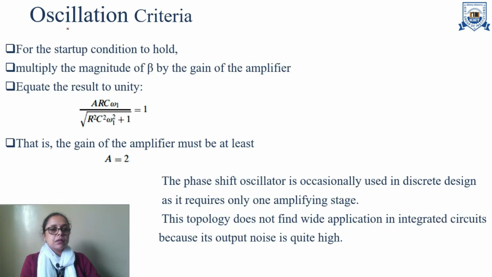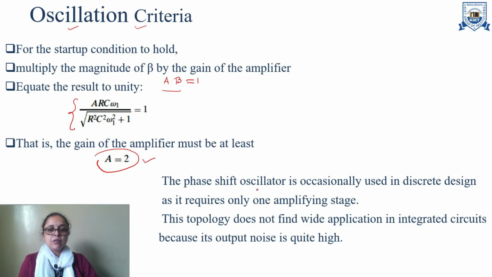Now another criterion of oscillation, according to the Barkhausen criterion, is that the loop gain, meaning beta multiplied by the gain of the amplifier, the overall loop gain A beta, should be 1. So we will equate the factor A beta to 1, and we will get the amplifier gain as 2.